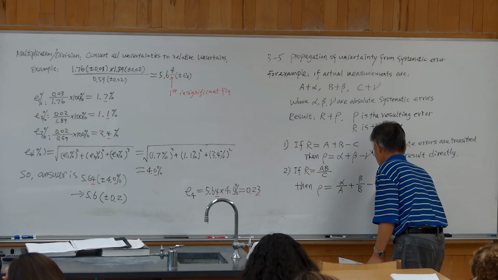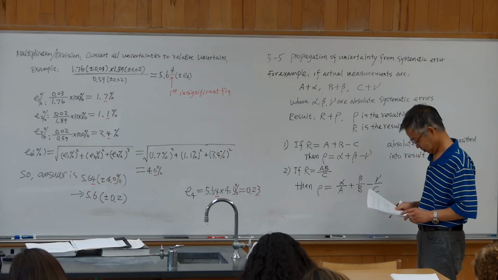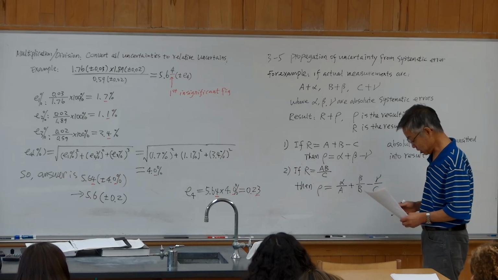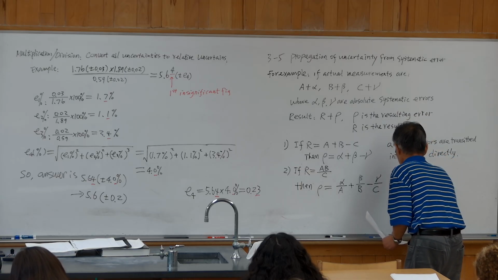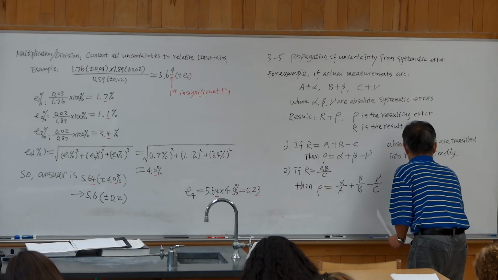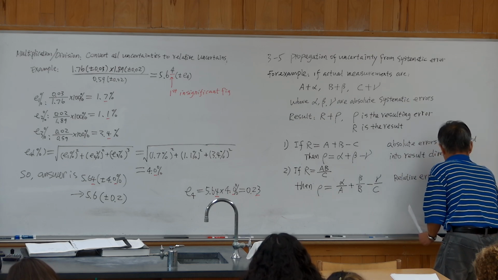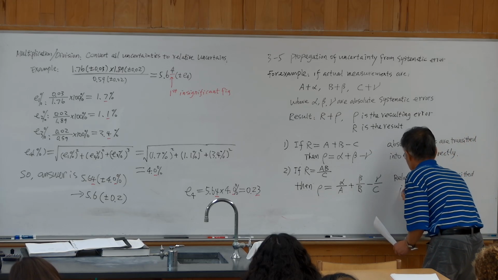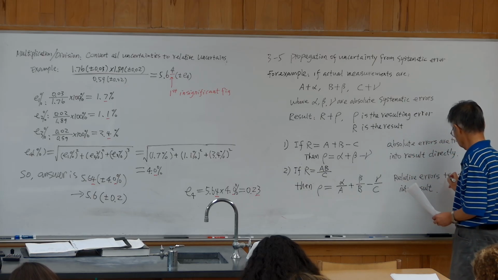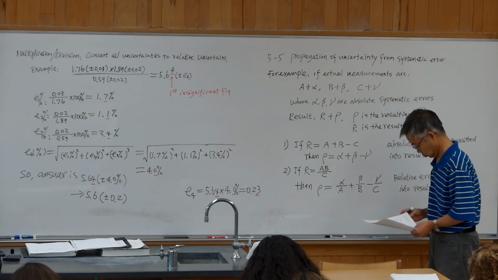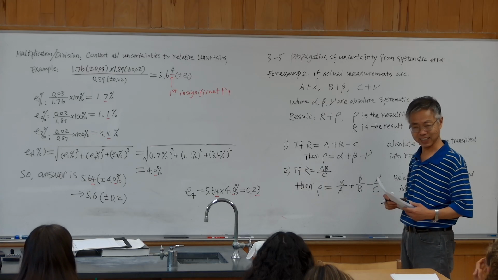So gamma divided by C. So this time the relative errors transit into the result. Okay, this is the difference.